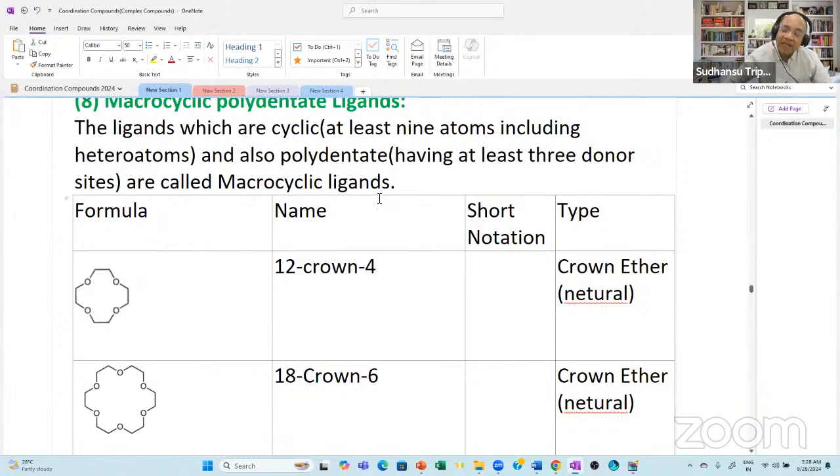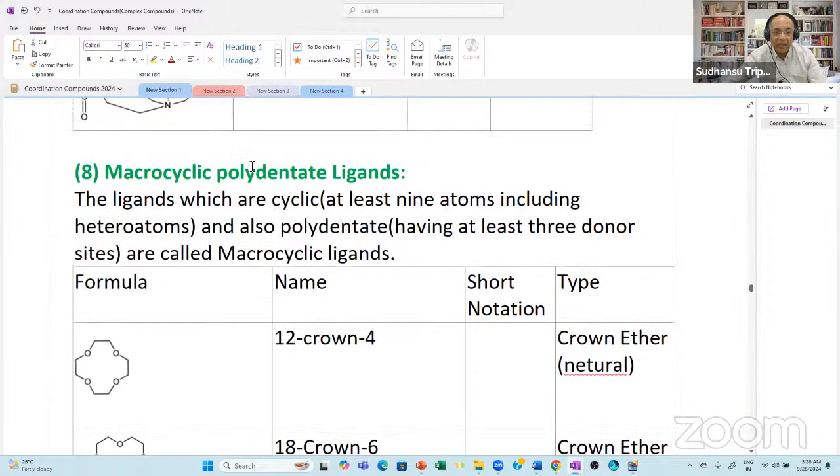They are polydentate but cyclic. The polydentate ligands that we studied, bidentate, tridentate, tetradentate, are all acyclic, open chain. But when it becomes cyclic but polydentate, they are called macrocyclic.